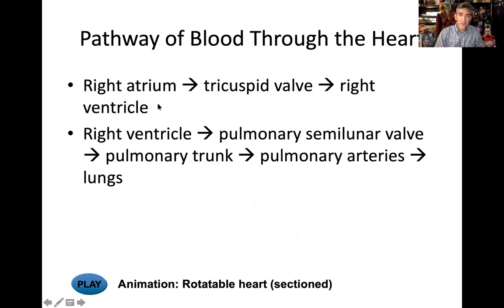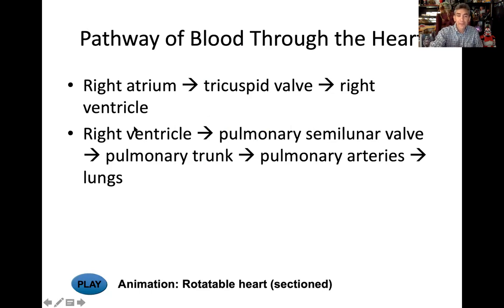So this is still within the heart. Now we're going to go out of the heart, right? We're going to pass another valve. I'll talk about the valves a little bit later. We're going to pass through what we call the pulmonary semilunar valve. The semilunar valves are going to separate basically the arteries from the heart, right?